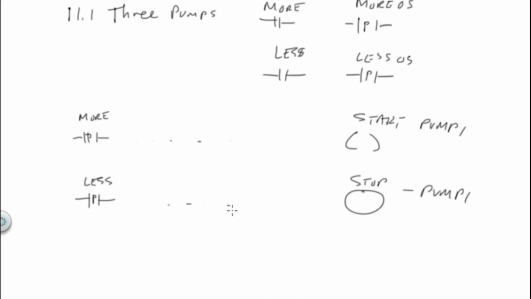If they're all off and I don't know which one to turn on next, I have to know which one was the one that turned on last. So I'd use the start logic to start the pump, and again I can use seal circuits or I can use set reset.